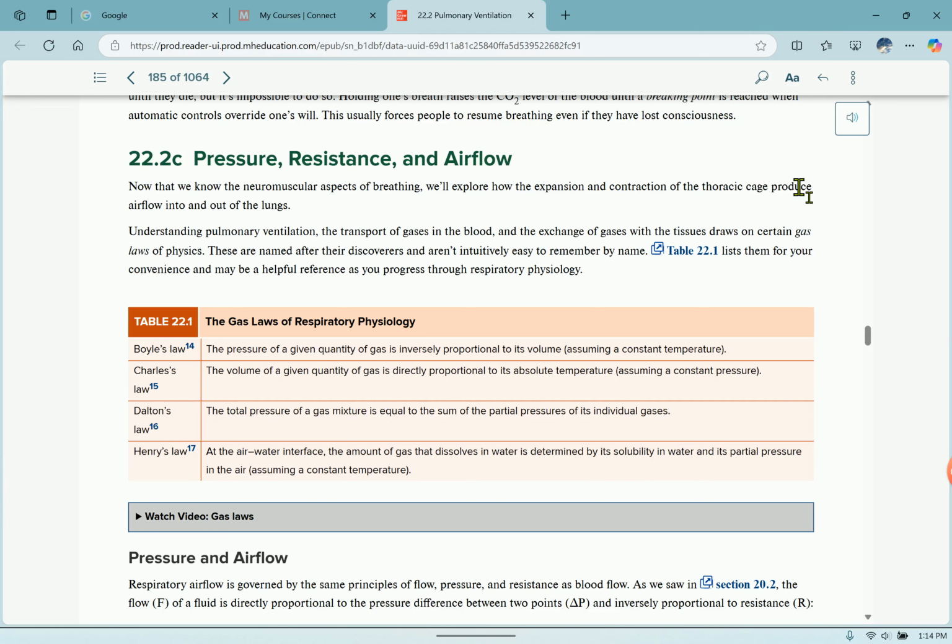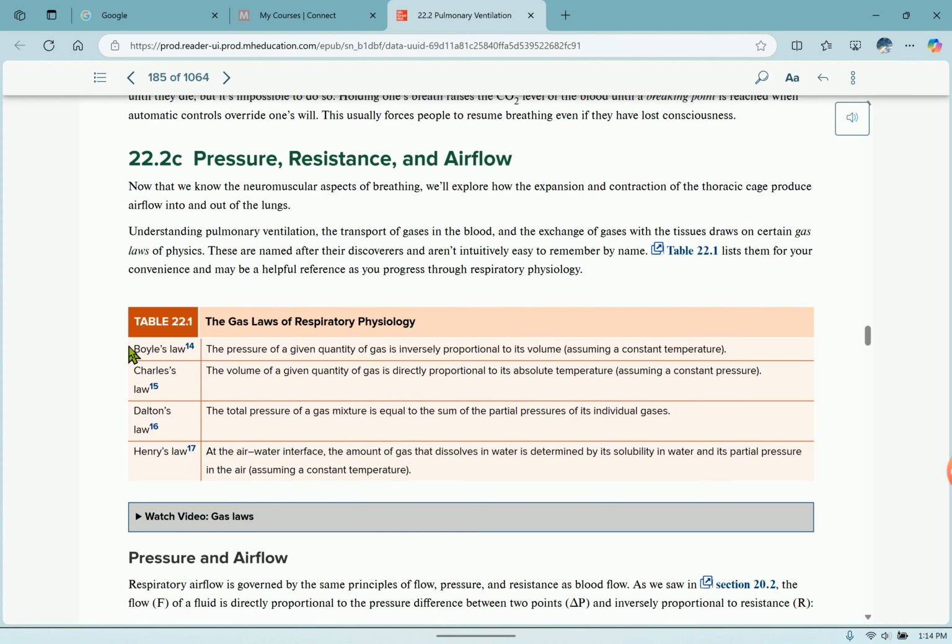Keep in mind that when you breathe in, the ribs go up and out, the diaphragm moves inferior, increasing the volume of the lung field. When you breathe out, the diaphragm moves superior and the rib cage goes down and in, forcing air out, decreasing the volume of the thoracic cage.